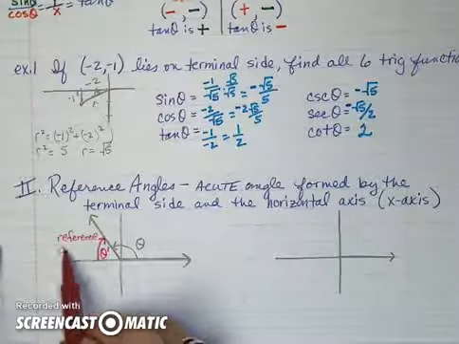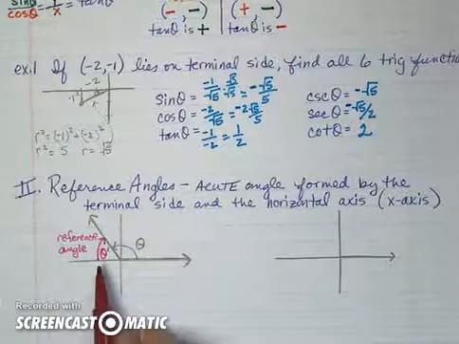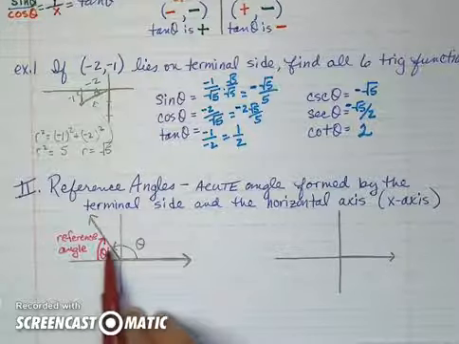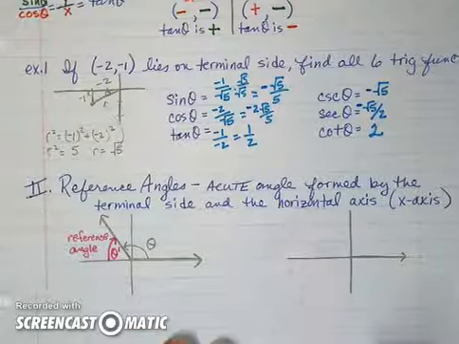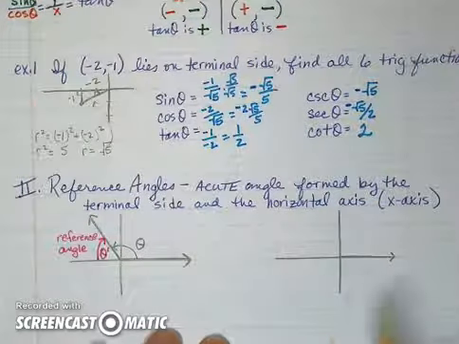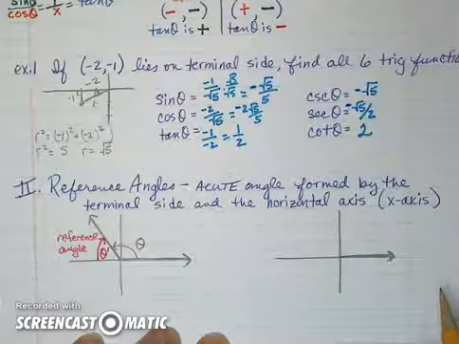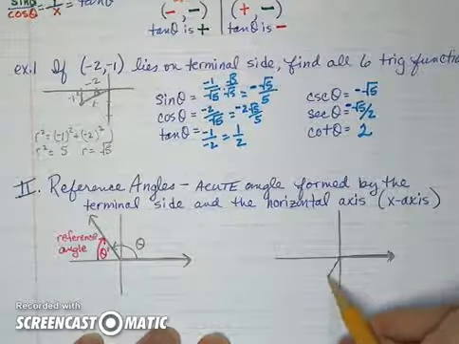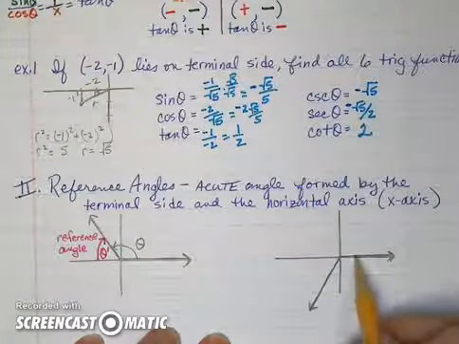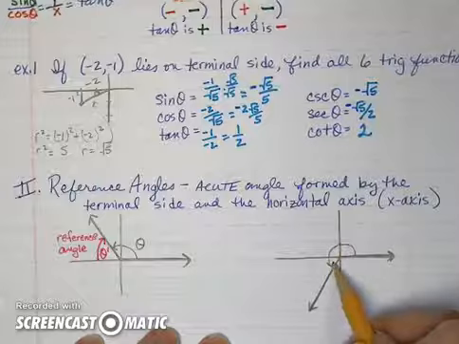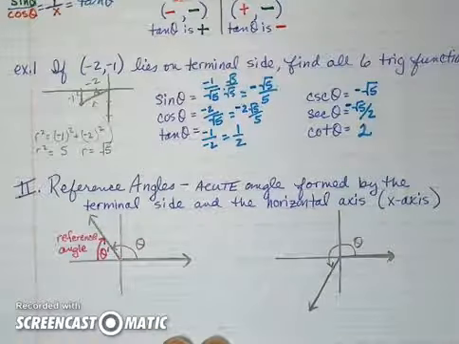So the fastest way to do that would be to take your angle from 180, and that would leave you with the reference angle. You can also have, let's say this is your initial side, and your angle down here may be in quadrant 3. So this is your theta. All right, more than 180, not quite 270.